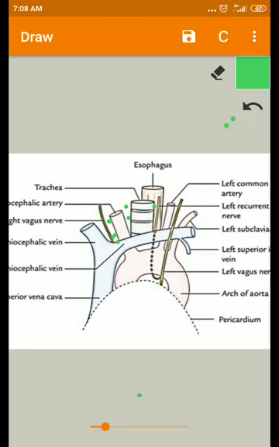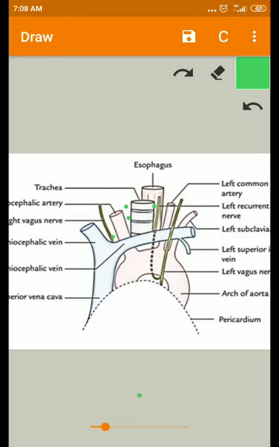And tracheobronchial: when you go somewhat lower, the trachea at the level of the T4 thoracic vertebra divides into bronchi. Around the trachea as well as the bronchi, you will have the tracheobronchial lymph nodes.